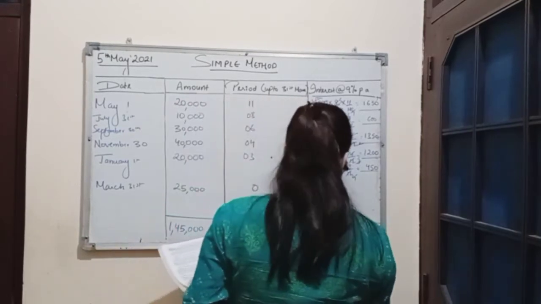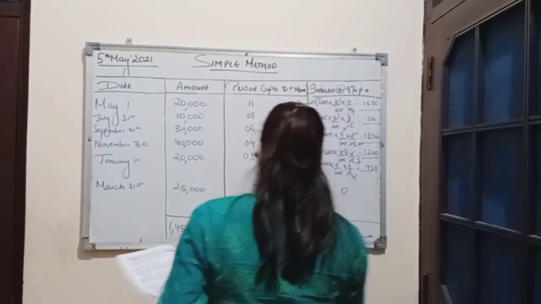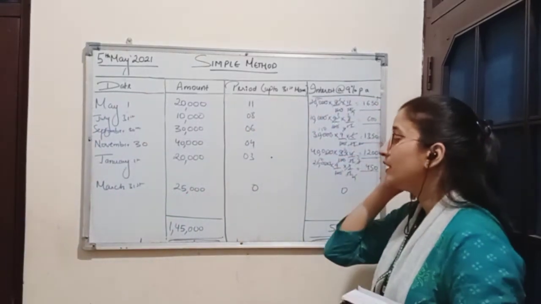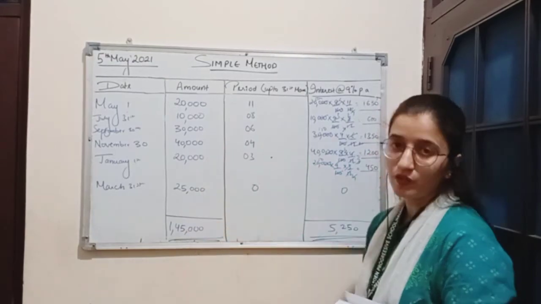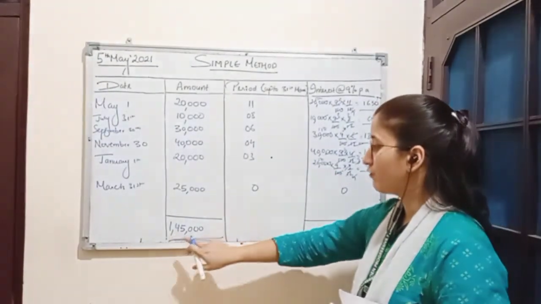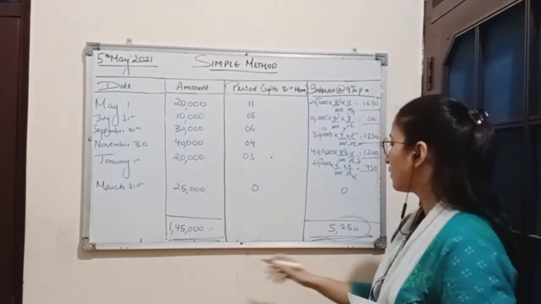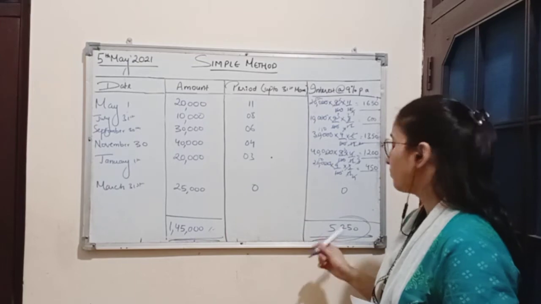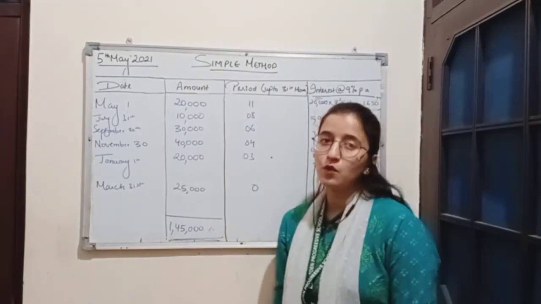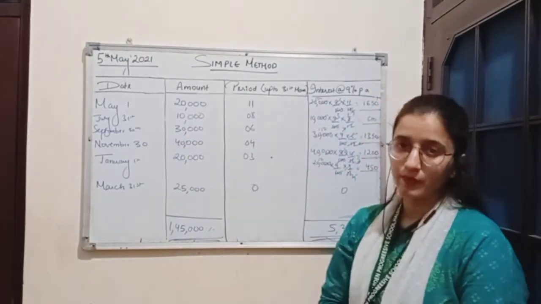So here total is 5,250. So by this we can say that the amount which is withdrawn by Charu for the whole year as drawing is rupees 1,45,000, on which she has paid interest of rupees 5,250. So this is how we will calculate the interest on drawings by simple method.